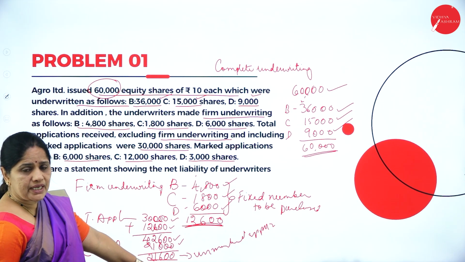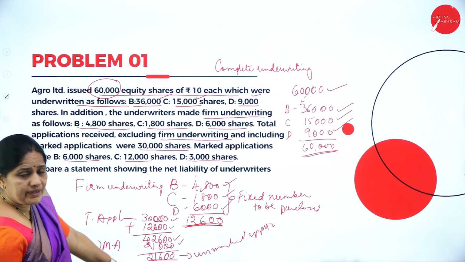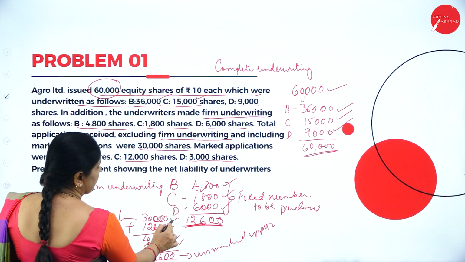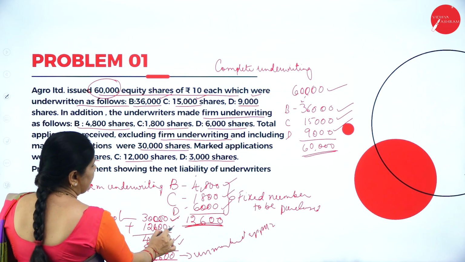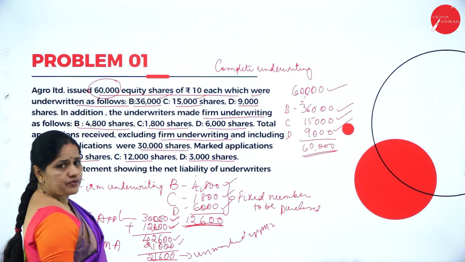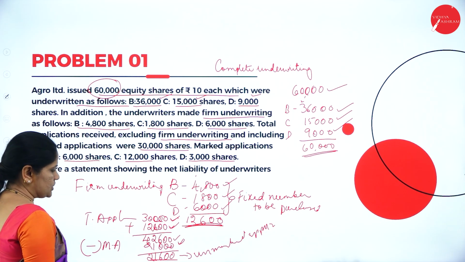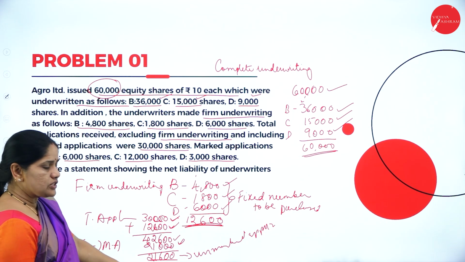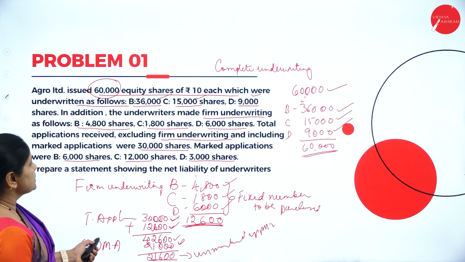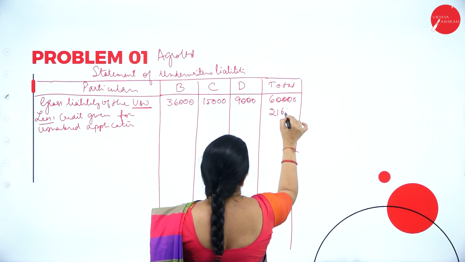How many are there? 21,600. How did I get 21,600? Total applications 30,000. I am adding firm underwriting 12,600, so the total comes up to 42,600. From that, I am deducting the marked applications. So I get 21,600 as unmarked applications. Now, I write here 21,600.